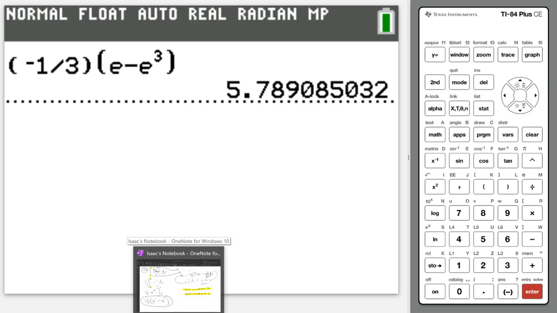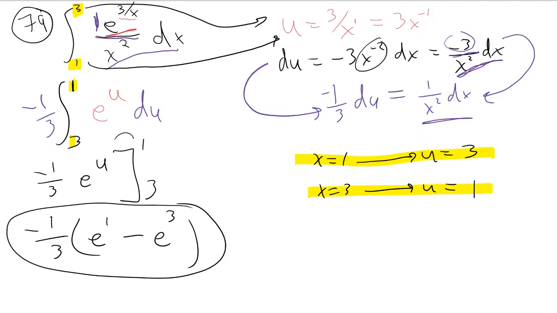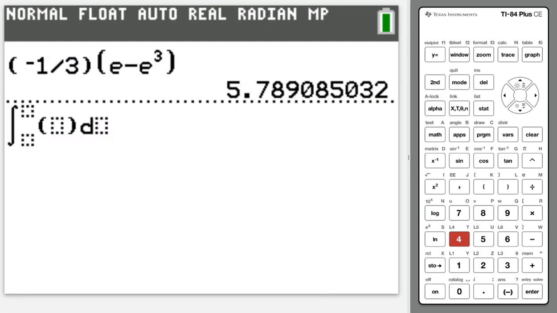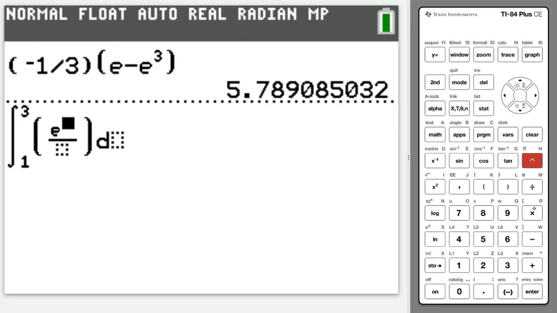But the directions also did say to check the question. So this was number 79. So alpha window, option number 4 for me. We integrated 1 to 3 of e to the 3 over x over x squared dx.